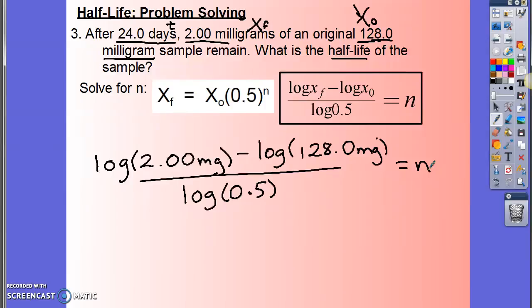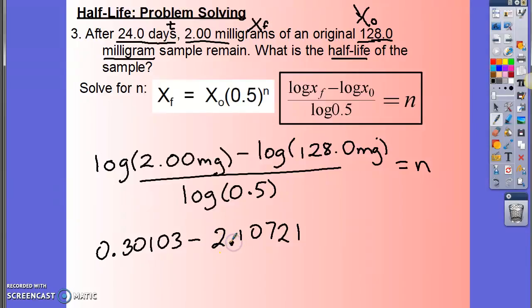So let's start with the first one. Log of 2.00 gives me 0.30103. I'm just going to round it there because this number just keeps going. It's not worth writing every single decimal place. The next one, log of 128 is 2.10721.